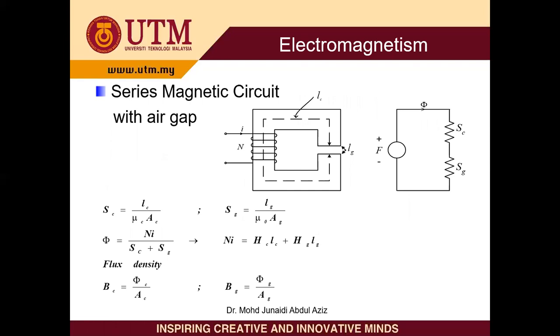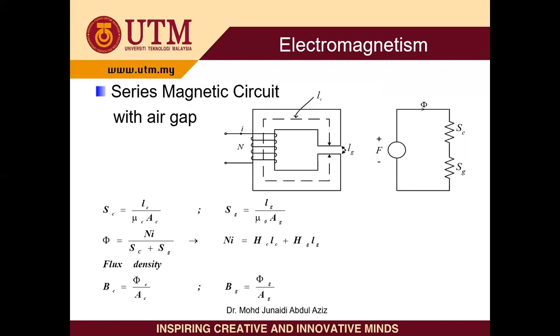This is an example of a magnetic circuit, a series magnetic circuit with air gap. Meaning that you have two types of materials inside this circuit: the iron core, and the second one is the air. So we need to model these two as two types of reluctance.